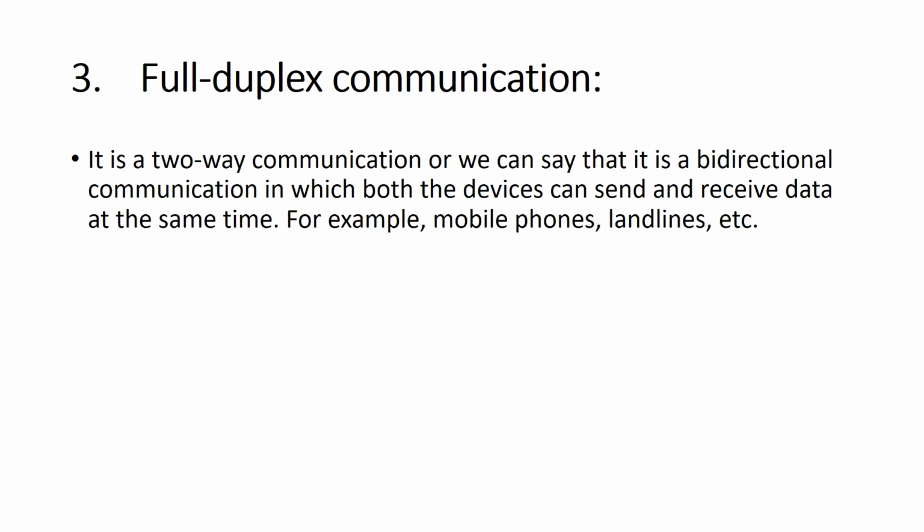The last type of data communication is the full duplex communication. This is a two-way communication, also called bidirectional, bi meaning two, in which both the devices can send and receive data at the same time. Note the difference between the half duplex and the full duplex types of communication. With half duplex, both devices can send and receive data, but not at the same time.